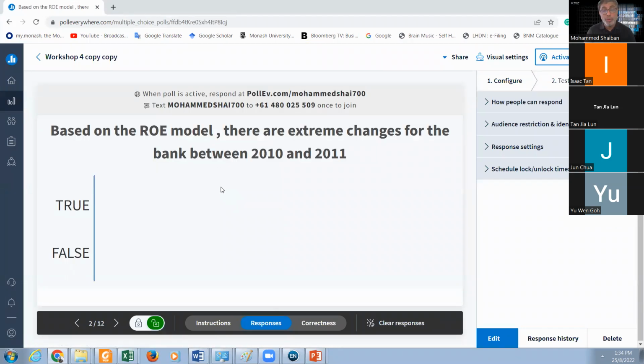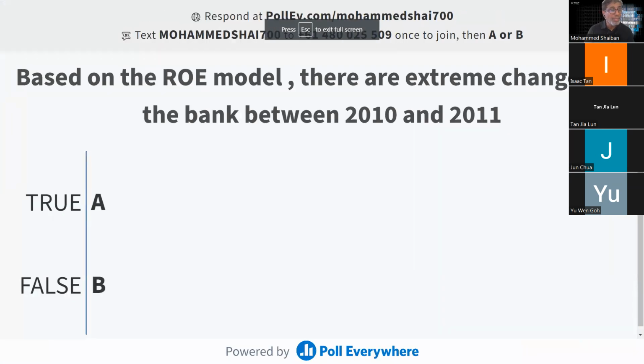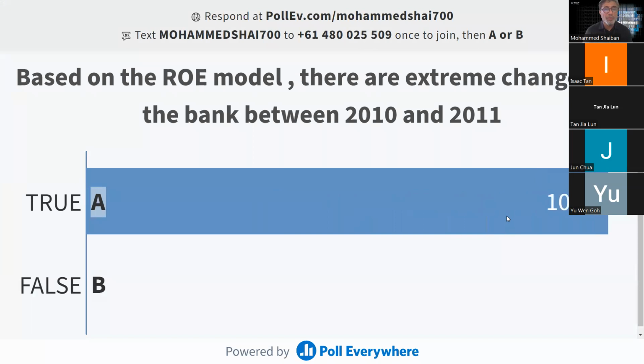Based on the ROE model for this guy, CIMB, do you see any extreme change? Look at it. Is there extreme change between the two? I already calculated it for you.